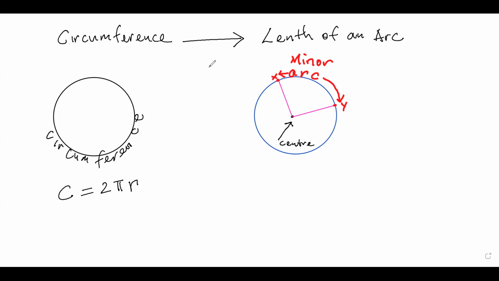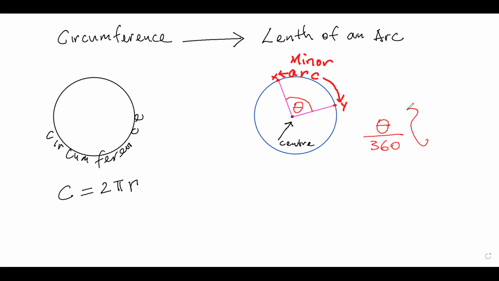But listen carefully, Kylon. If I have 2 radii, then this angle that is produced, we call it theta. It is a fraction of 360. What did I just say? The angle is a fraction of 360.